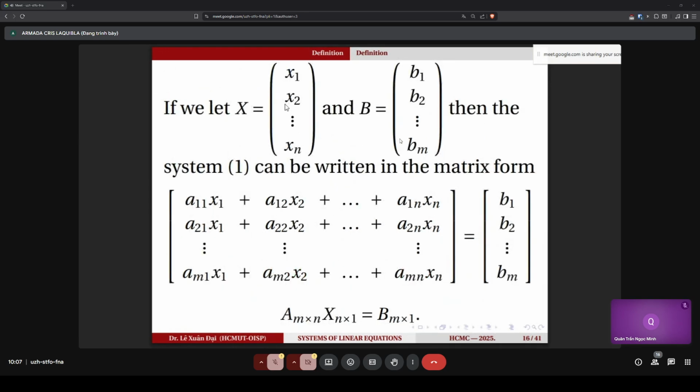So this is your X matrix containing x1 to xn, and your B is b1 to bm here. If you multiply your matrix A m by n times X, which is an n by 1 matrix, the result is an m by 1 matrix, and this is your B matrix here.